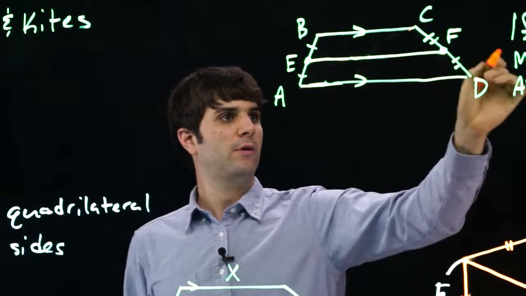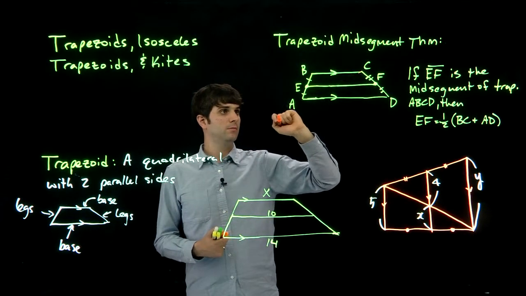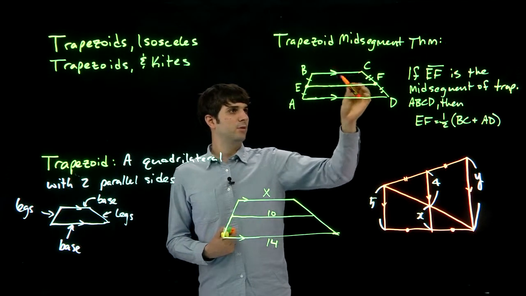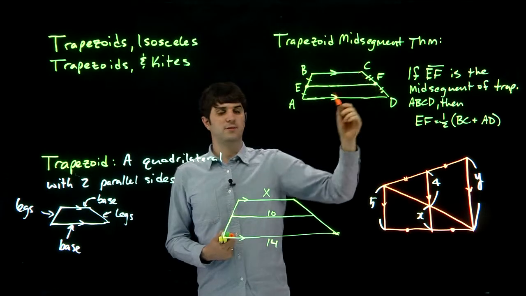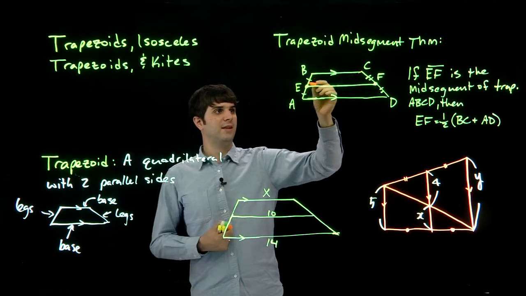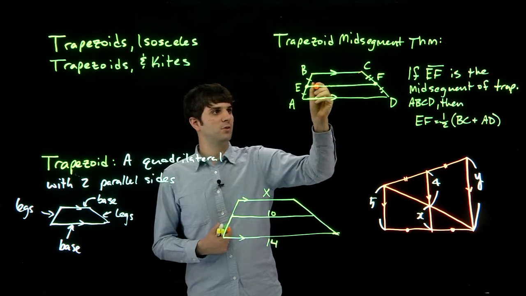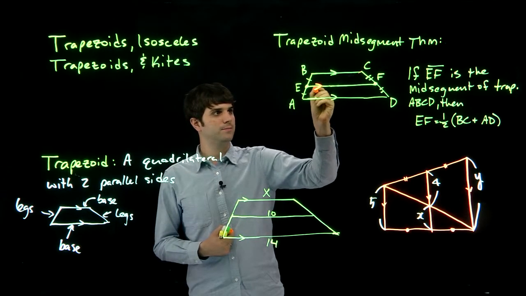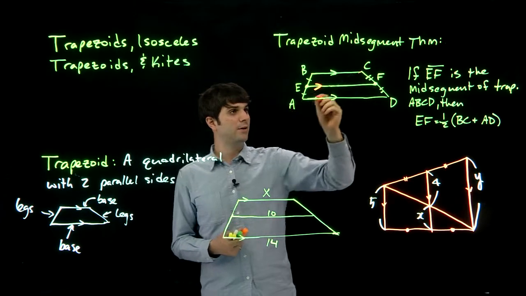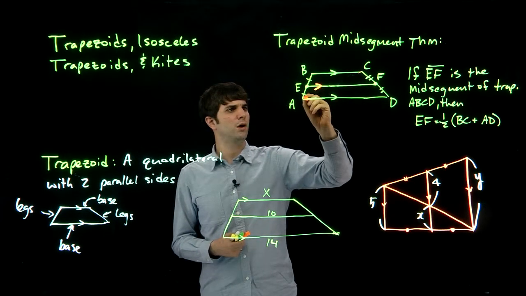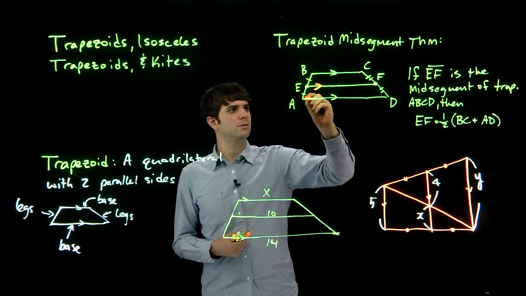Well, we're given all this information, and I'm going to say that I constructed a line parallel to these other lines. So this is also going to be parallel. Now from here, I can draw a triangle.